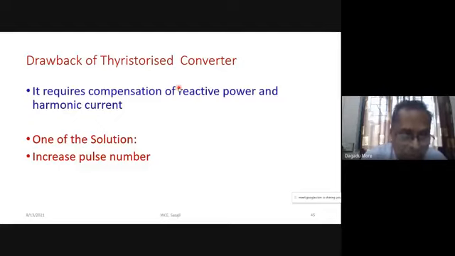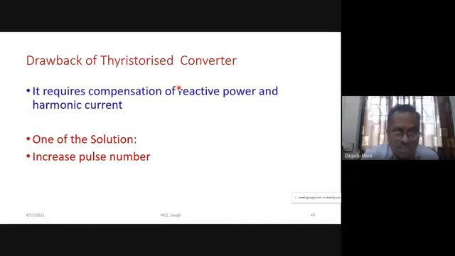That is a drawback. Why is it a drawback? Because when you take the reactive power from the grid, in generator, transmission and distribution, all these cases, generator efficiency will decrease with lower power factor. Transformer efficiency also decreases with power factor.